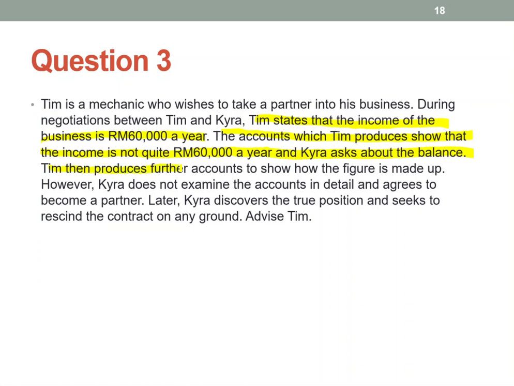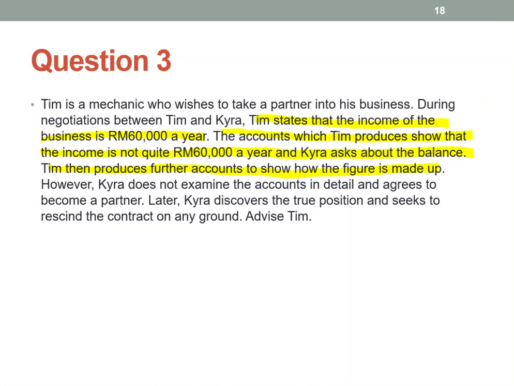Tim then produces further documents to show how the figure was made up. However, Kiara does not examine the accounts in detail and agrees to become a partner. Later, Kiara discovers the true position and seeks to rescind the contract. Advise Tim.